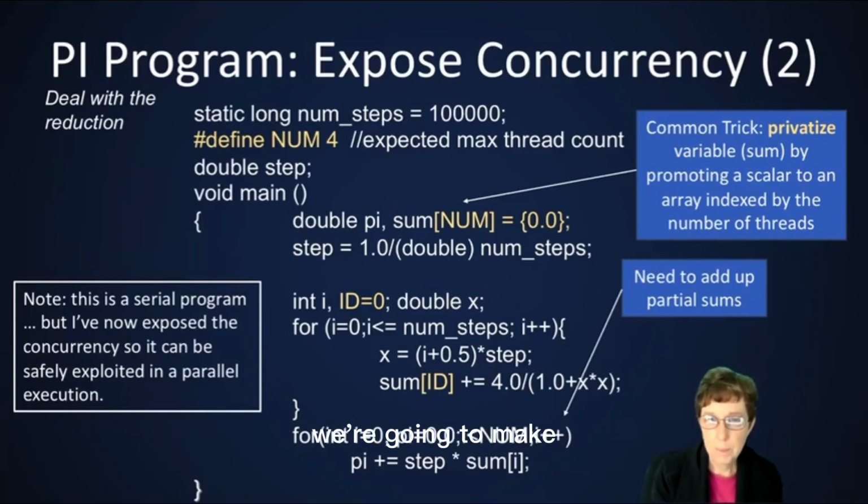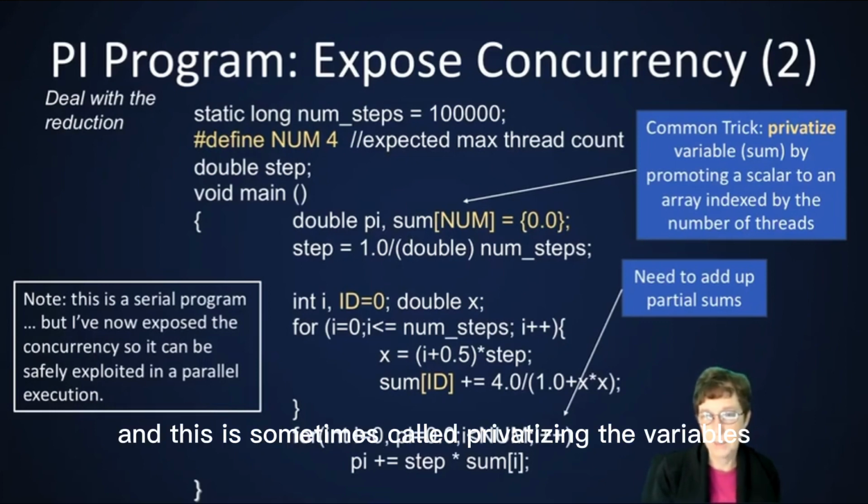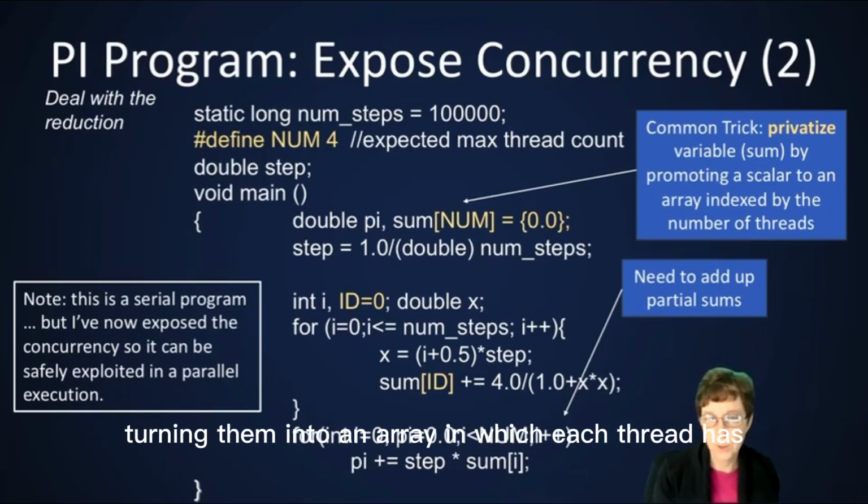where we're going to make different copies of the variable sum so that they can all be updated independently in the loop, but we'll put them in an array. This is sometimes called privatizing the variables, or turning them into an array in which each thread has its own copy.